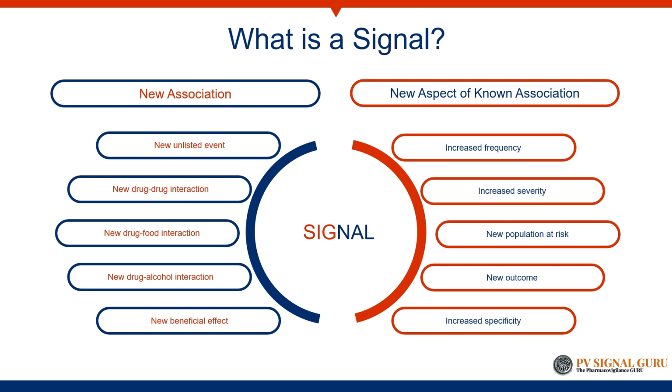Identifying these associations help us determine whether information qualifies as a signal, prompting further investigation to ensure patient safety and regulatory compliance. As we learned from definition of a signal, it can arise from one or multiple sources. Let's explore the diverse range of sources where a signal may originate.